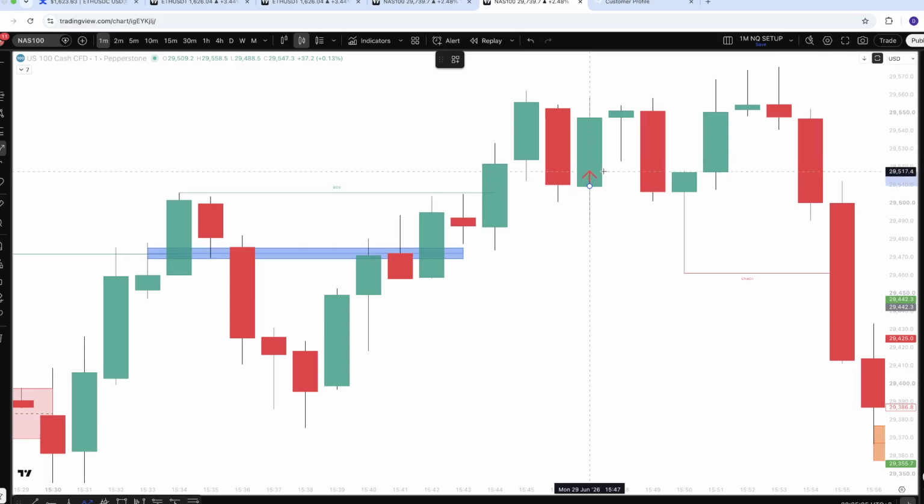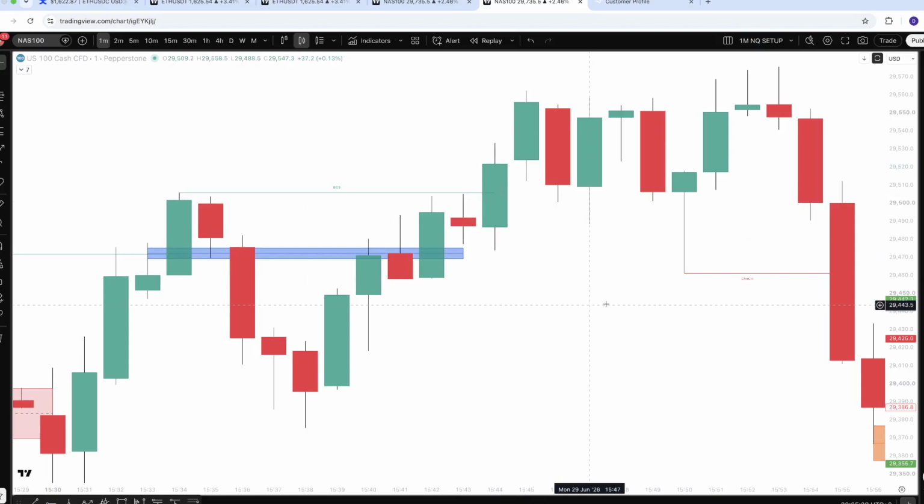We go a little bit back, 10, 20 points. This is my signal to go short. I put my sell stop entry. I'm watching what is my stop loss. Okay, 20 points. When it's going back down, I'm in the sell, and then I put my stop loss here. But in this case, nothing happened.